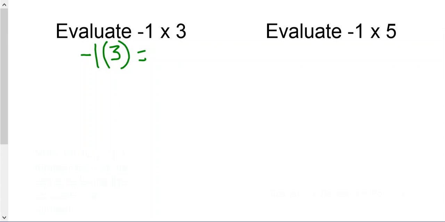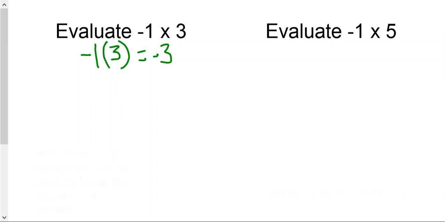Remember, when we multiply any number by 1, it does not change the value of that number. So 1 times 3 will give us 3. But if we put a negative in front of it, negative 1 times 3 will give us the opposite of 3, which is negative 3.